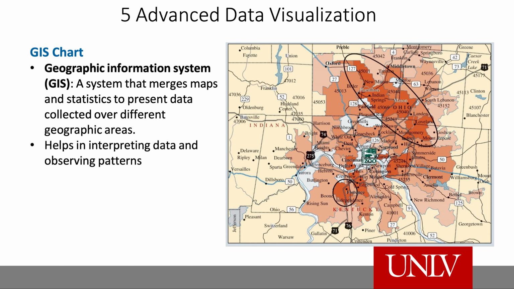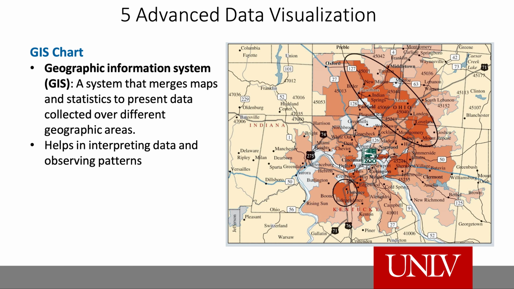When we bring together geospatial data with geographic visualizations, we often use what's called a Geographic Information System, or GIS. Geospatial data simply means information tied to location, things like cities, regions, or even latitude and longitude.